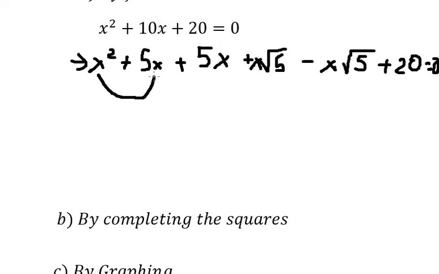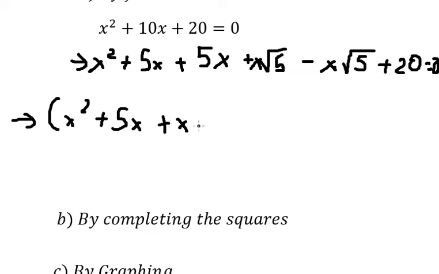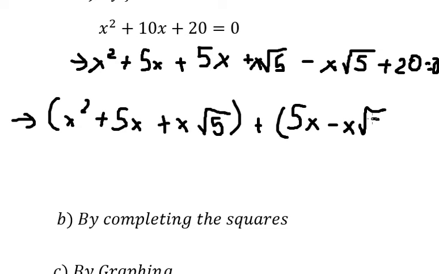we combine 5x and the square root of number 5 together. And this one, and this one together. So we can do about factorization by x.